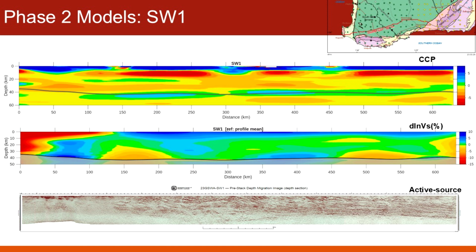And then the middle panel here shows the velocity variations. So basically, I removed the mean just to better show the lateral changes in the velocities. Here, this is the Perth Basin, and then there's some sort of fast mid to lower crust down there.